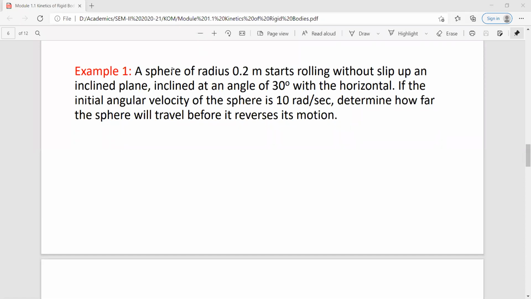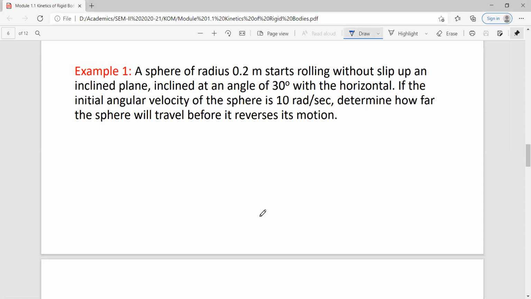Okay. So try to understand this statement. What is given there is a sphere of radius 0.2 meter and it starts rolling without slip up an inclined plane. Okay. So I will draw.